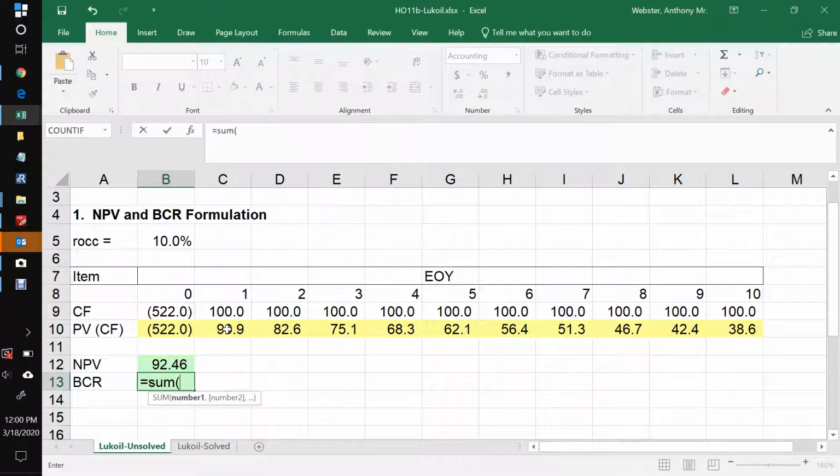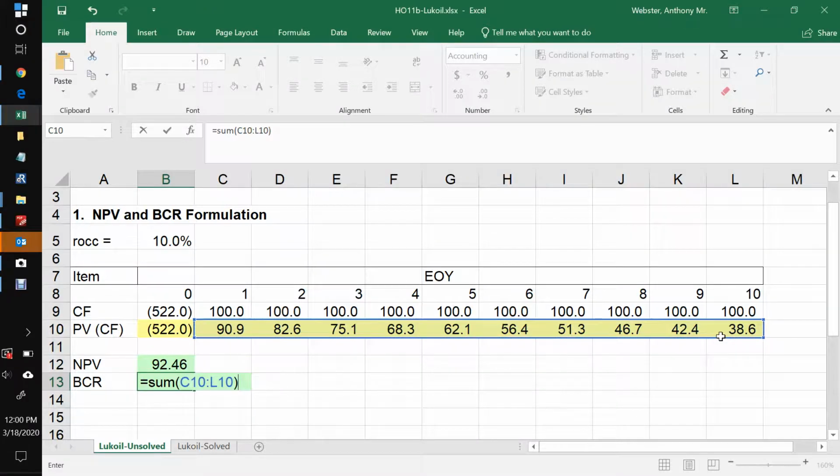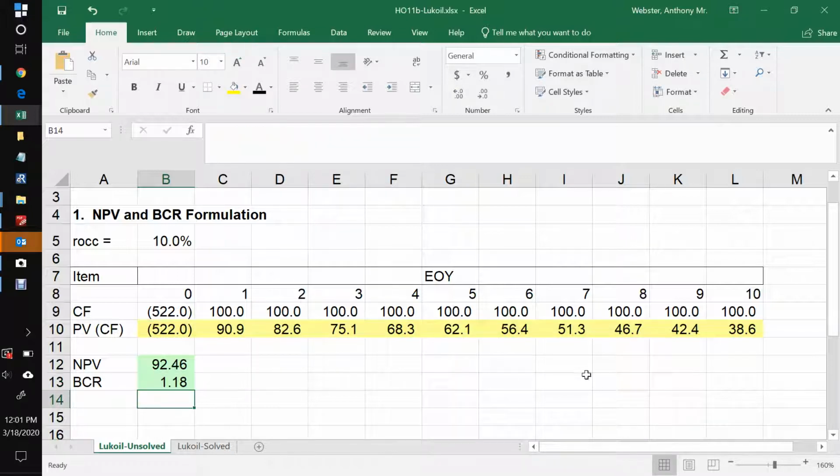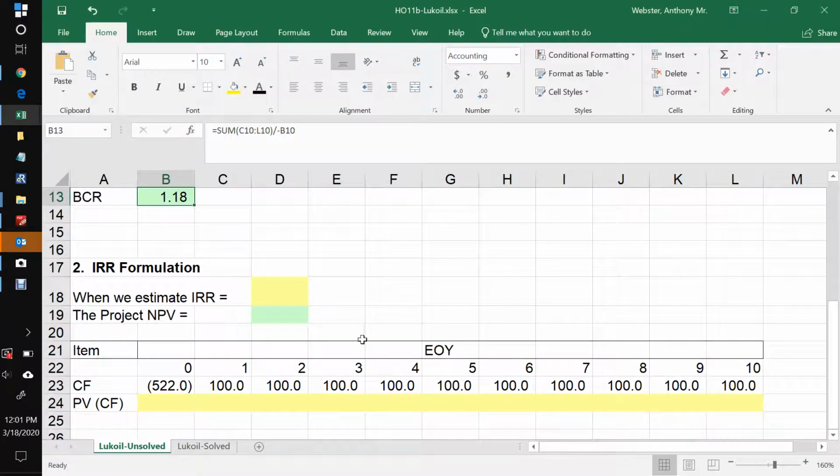As you know, I'm going to take the sum of the present values of all the positive cash flows, put that in my numerator, and divide that by the absolute value of the sum of the present values of all my negative cash flows. I only have one in this case, so that makes it easy. I have a positive NPV and a BCR greater than 1. That makes sense. They should be working in the same direction, and they are. So far, so good.